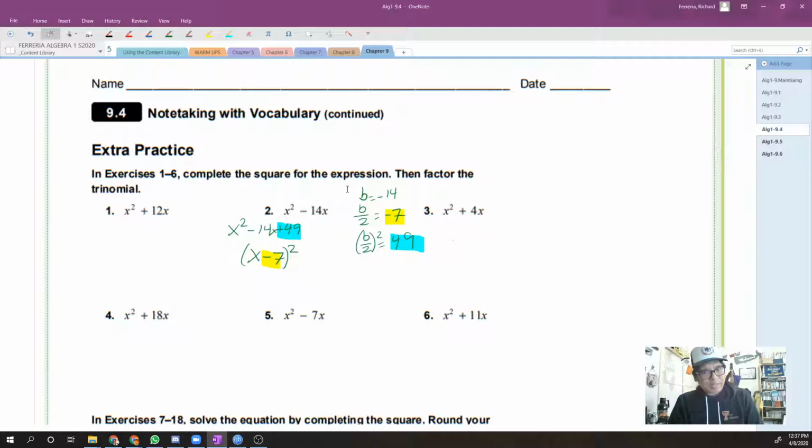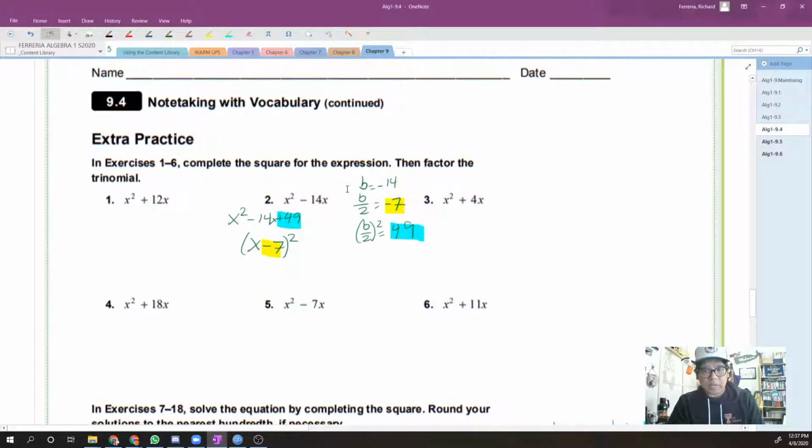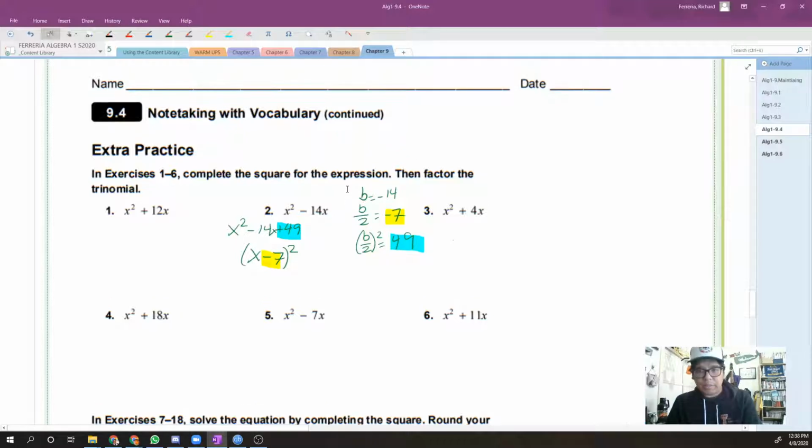Okay, let's take a look at number 6, because I think it's going to look like a really difficult question for us. Let's try it out. Number 6, what is b? B is 11. What's 11 divided by 2? It's 5.5.